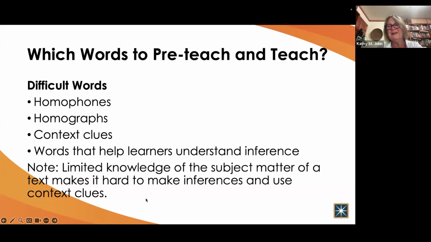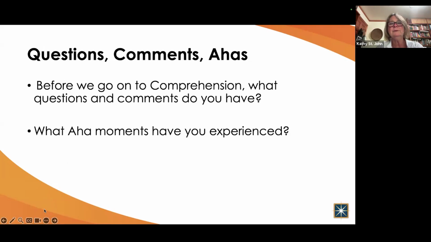And here we come to inferences. Limited knowledge of the subject matter in a text makes it hard to make inferences and use context clues. So if you're not familiar with what you're reading about, it will be very, very difficult to understand inference and context clues. Okay, so I'm going to stop sharing.